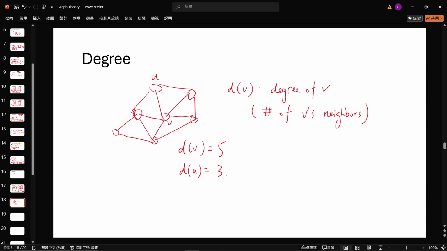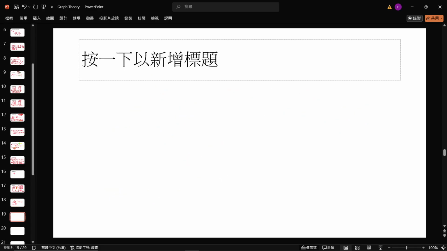This vertex has degree 2, which is the smallest among all the vertices in the graph. So the minimum degree is 2. All right, we are all set. Now we can discuss the question.